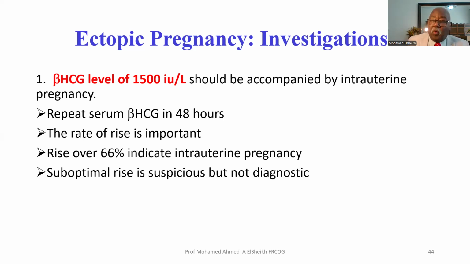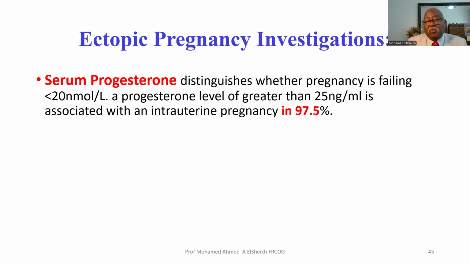That suboptimal rise is suspicious, but is not diagnostic. So rising beta HCG, probably it's an intrauterine pregnancy. Not rising, suspicion is there, and you need to go further for confirmation of the diagnosis.